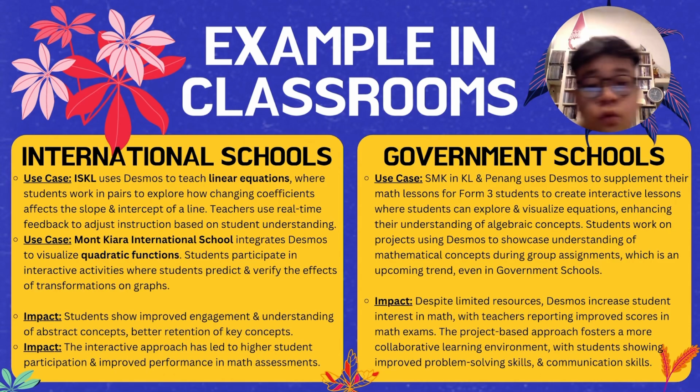Next, in government school, SMK in KL and Penang uses Desmos to supplement their maths lesson. For example, in Form 3, students can use the app to explore and visualize equations and demonstrate it during group assignments to class. However, due to its limited resources and its new trend, it is not widely popular.